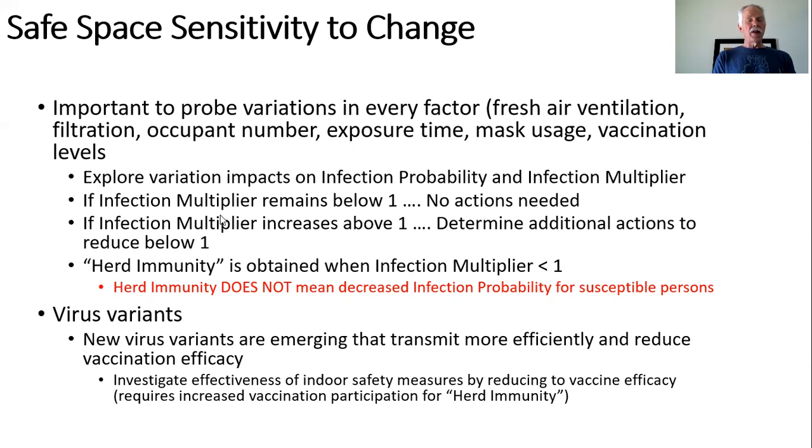And then you look at the importance of wearing face masks that are low leakage and high efficiency. You can see the steps needed to make it so you have a COVID safe space.